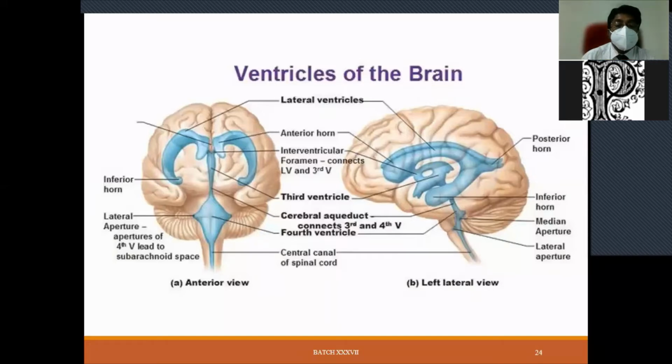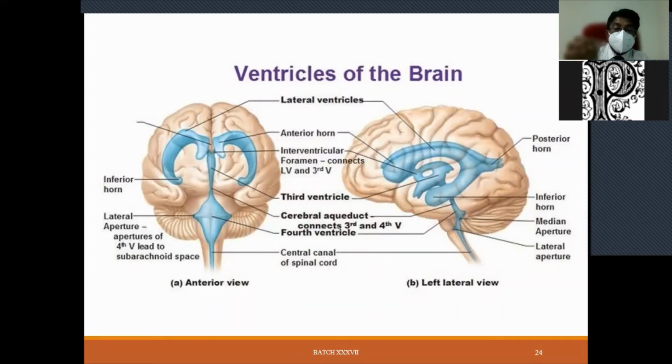These two lateral ventricles are connected at the midline, and there is an opening to the third ventricle. That particular opening is called the interventricular foramen. It connects the lateral ventricles to the third ventricle. So this is interventricular, in between the ventricles.